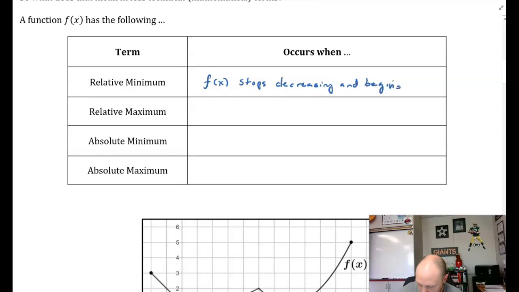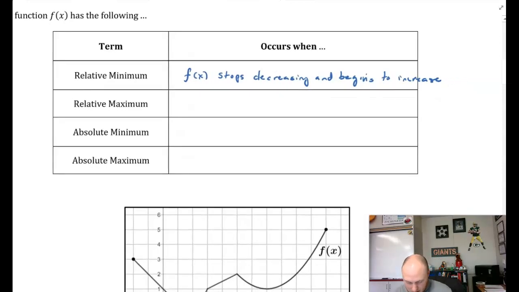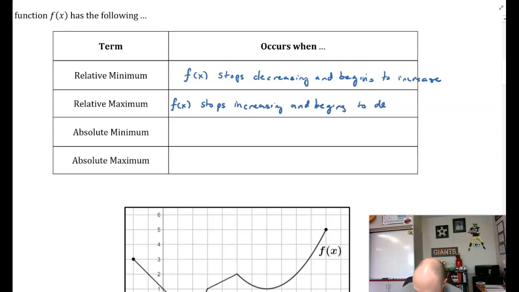A relative maximum occurs when f of x stops increasing and begins to decrease.